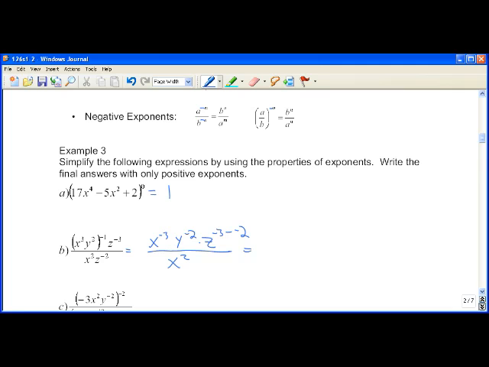So it's going to be x to the negative 3 minus 2, y to the negative 2, z to the negative 3 plus 2. So it's x to the negative 5, y to the negative 2, and z to the negative 1. So with positive exponents, it's going to be 1 over x to the 5th, y squared, z.